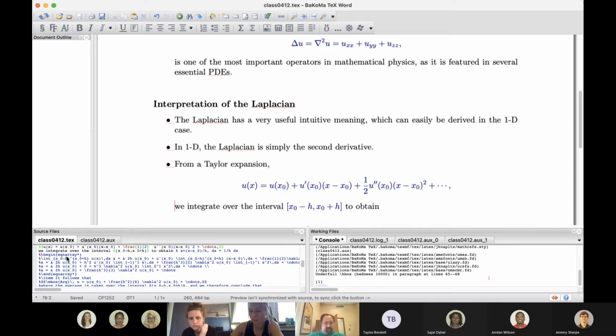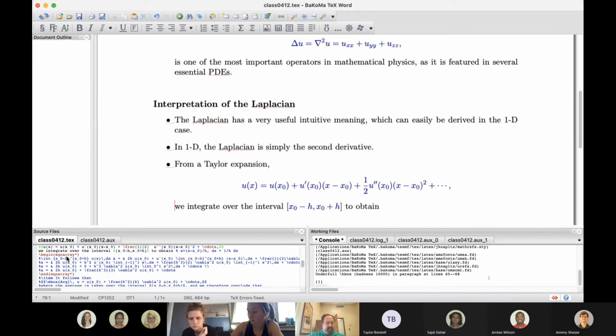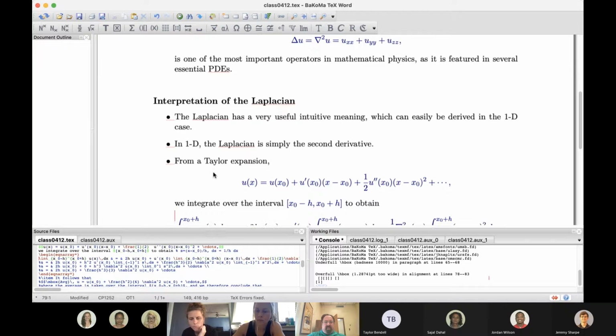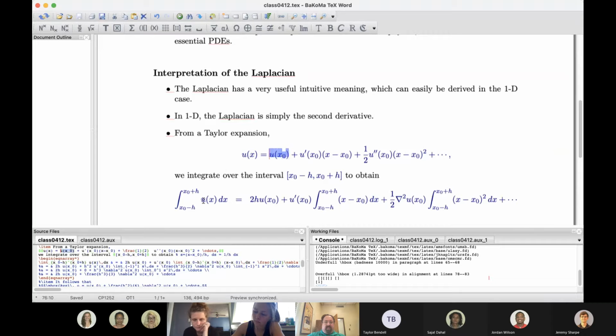So what happens when I do that? Now, on the left side, I just have that integral. Can't really do anything with that to simplify it. Here, u of x naught is a constant. I'm integrating with respect to x, from x naught minus h to x naught plus h, but that's a constant.